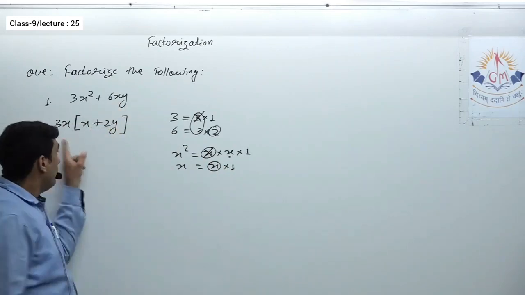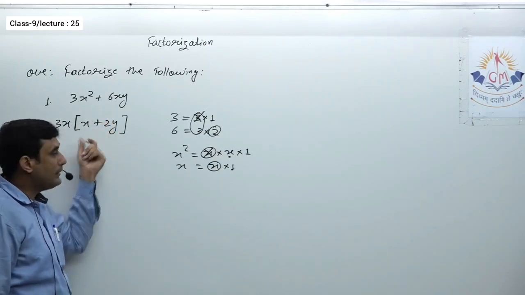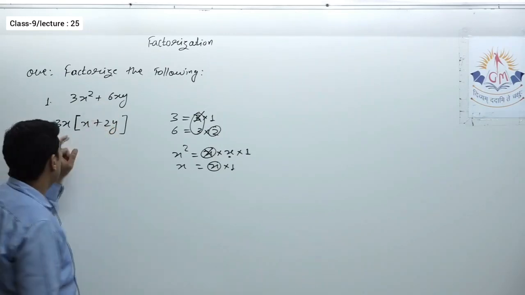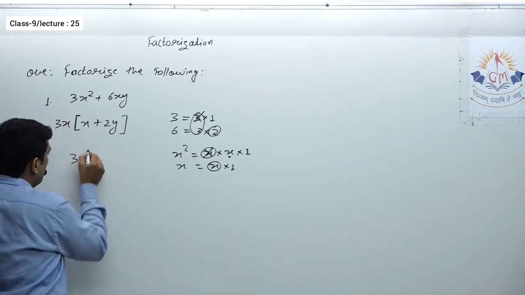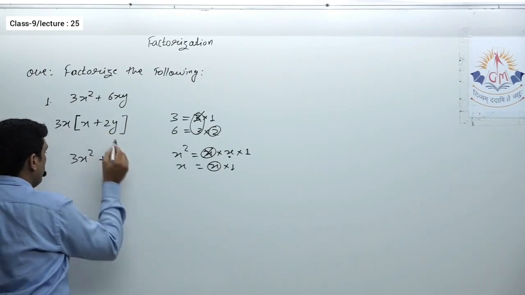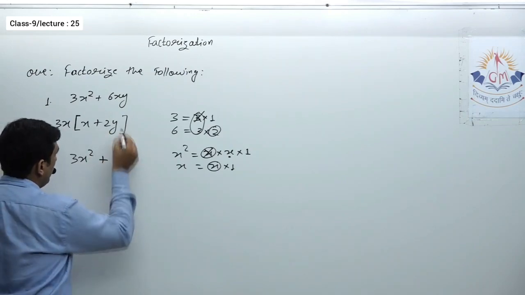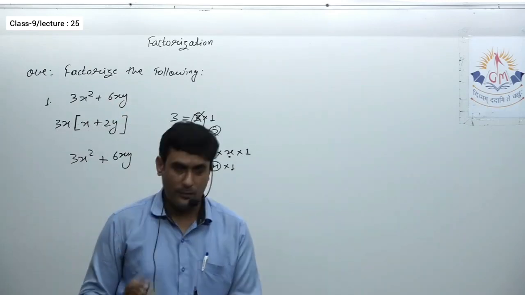Now you can check, if you multiply these two parts you will get the original expression. Let us see, 3x multiplied by x, yes, 3x square, plus 3x multiplied by 2y, so 3 into 2, 6xy. So we got the original. So these are the factors of the given expression.